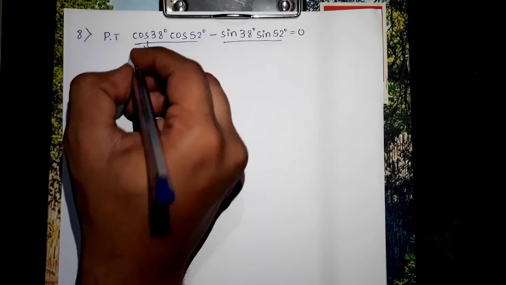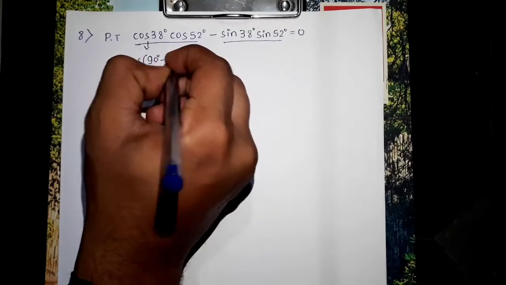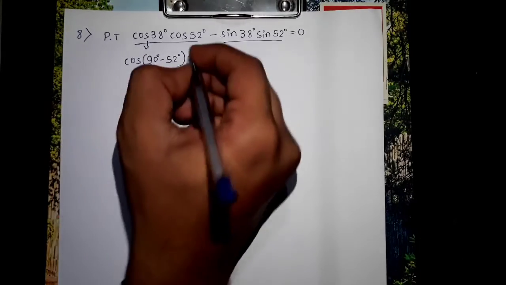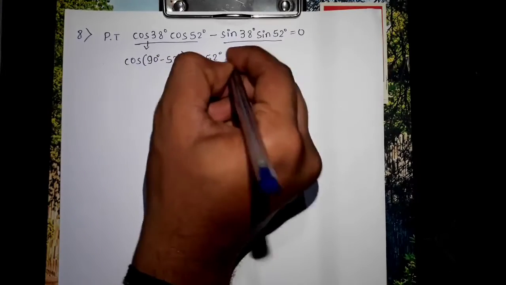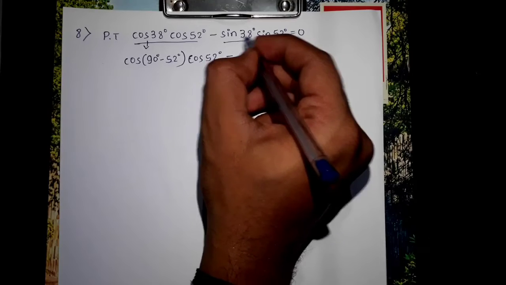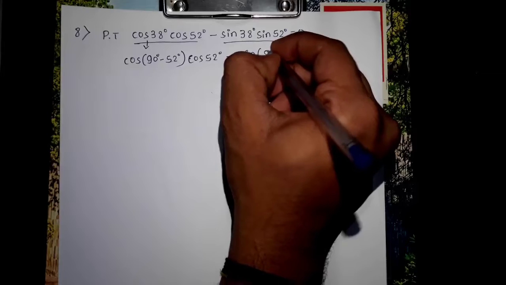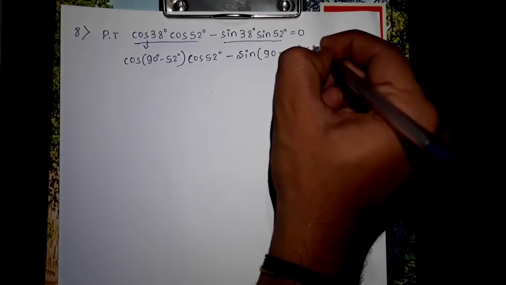How can it be written? It can be written as cos of 90 degree minus 52 degree, that is 90 minus 52 is nothing but again 38 only, into cos 52 degree minus, now I will apply complementary relation to sin 38, that is sin 38 can be written as sin of 90 minus 52 into sin 52 as it is.